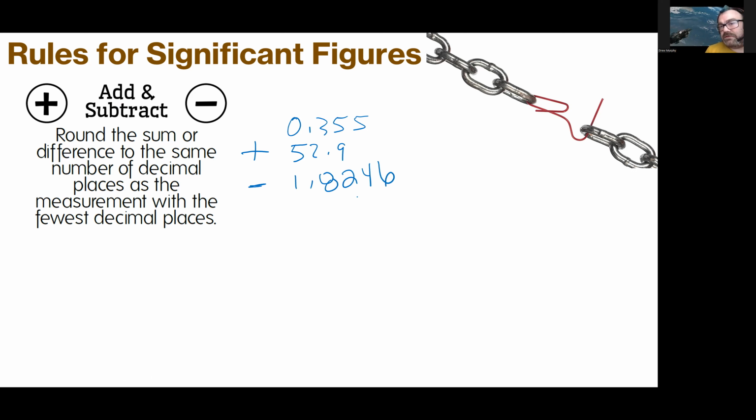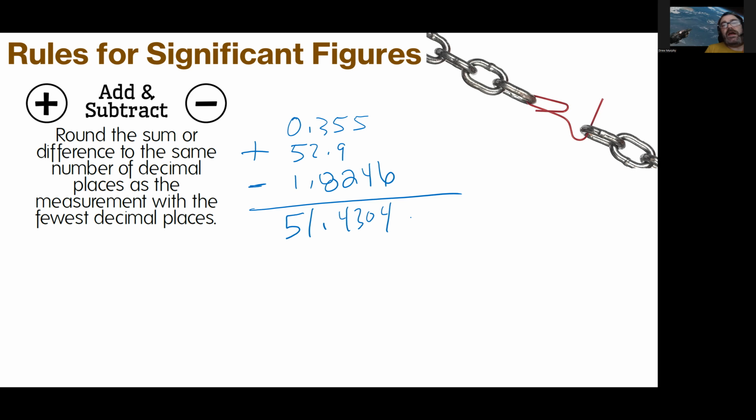First, I'm going to math it all together: 0.355 plus 52.9 minus 1.8246 is 51.4304.